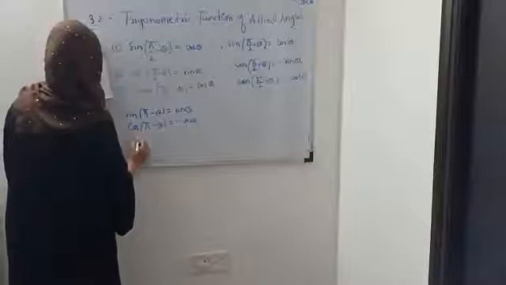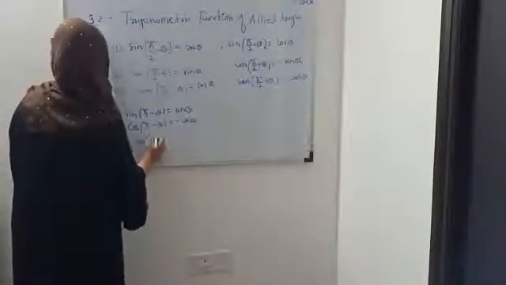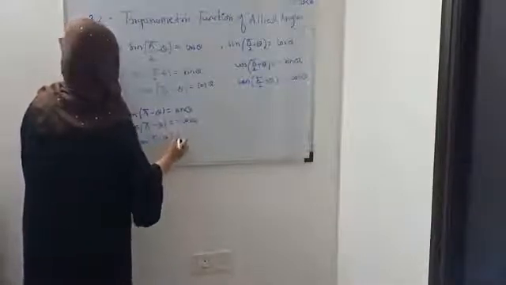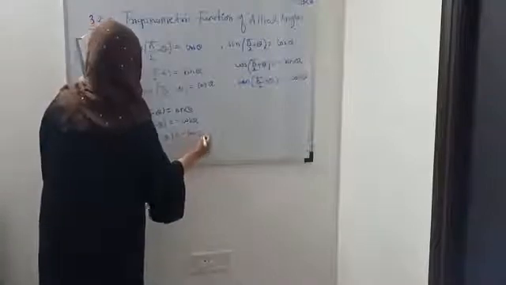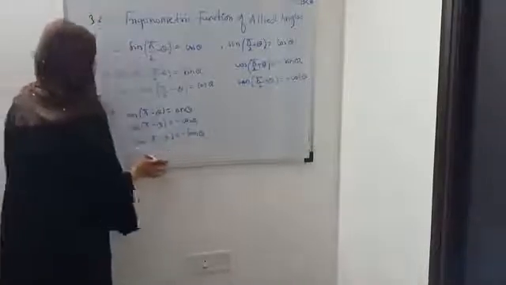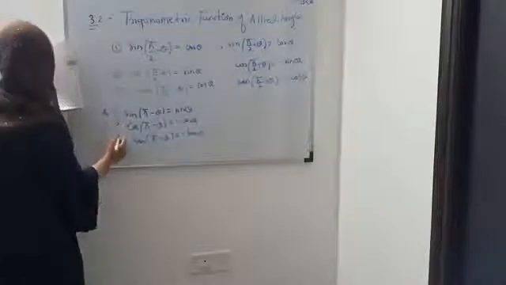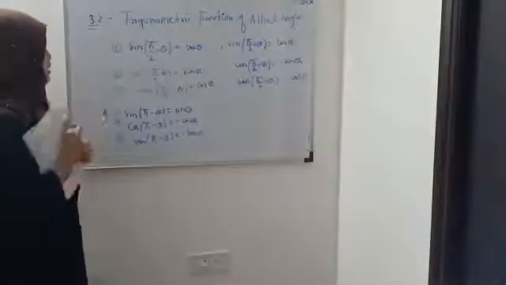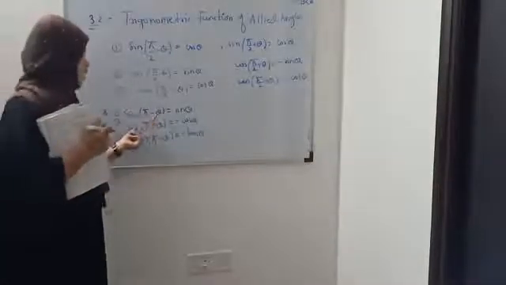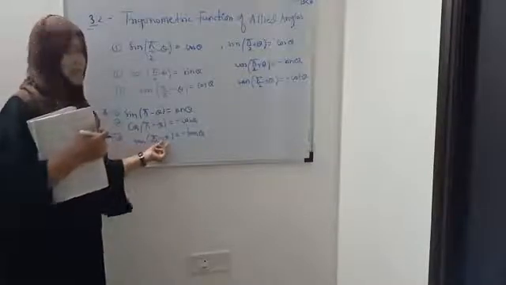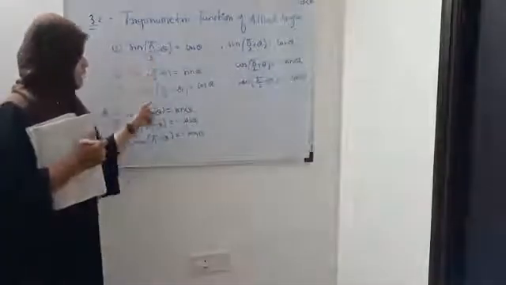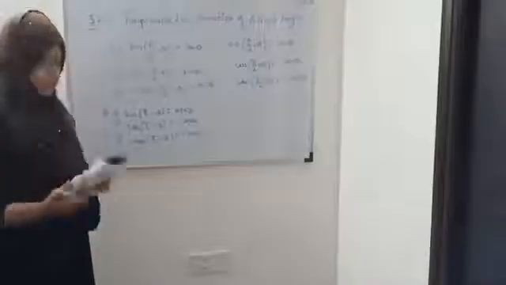And then tan pi minus theta, which is equal to minus tan theta. So this is first, second, third: sin pi minus theta, cos pi minus theta, and tan pi minus theta. Here pi by 2 is there. Here we have pi.